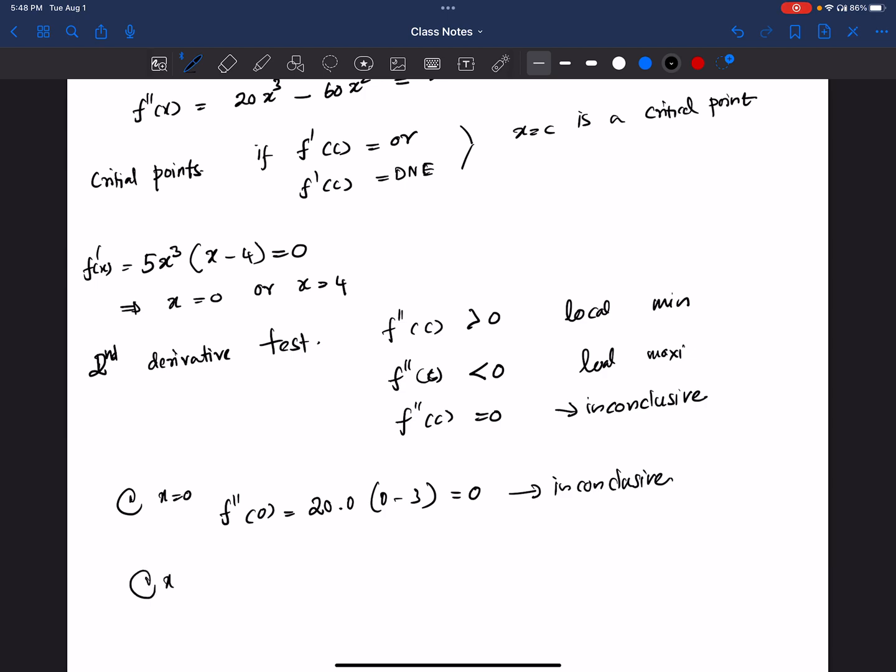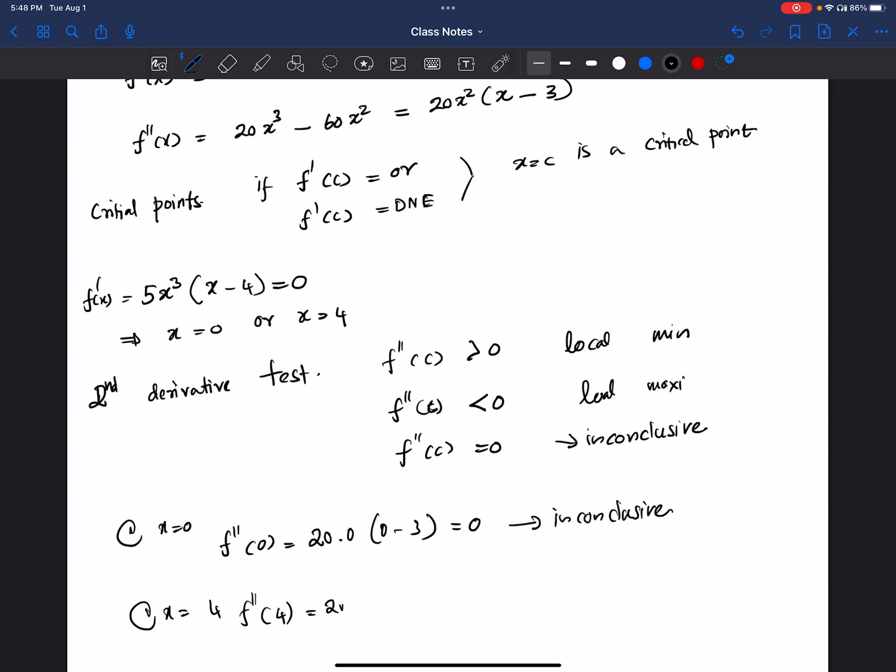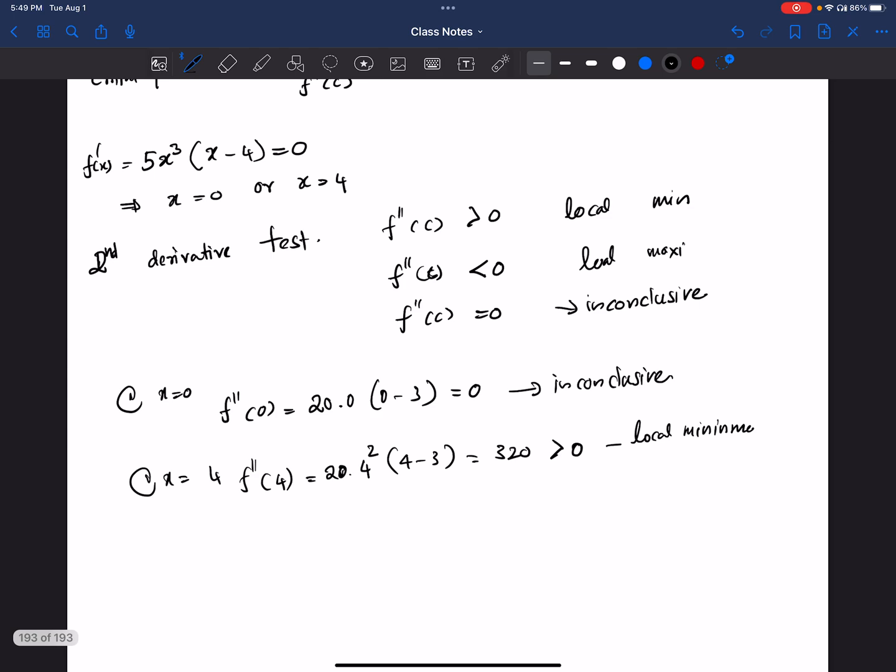And at x equals 4, f double prime of 4 is equal to 20 times 4 squared times (4 minus 3), that is 1. 4 squared is 16, 16 times 20 is 320. 320 is greater than 0, that means it's a local minimum at x equals 4.